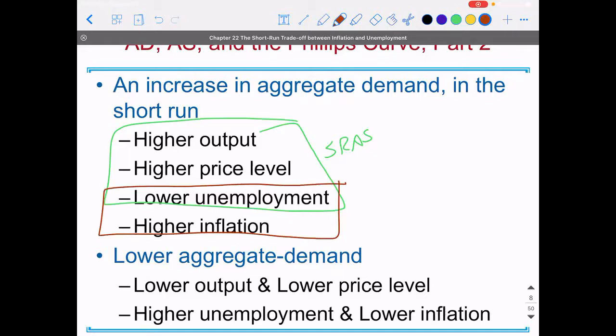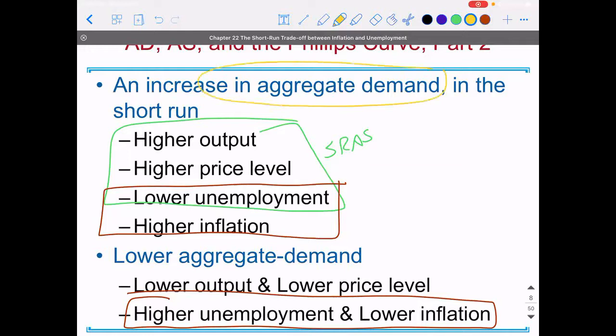When you decrease the aggregate demand curve, you get the opposite. So now you've got to make that choice. Are the policymakers going to increase aggregate demand or lower aggregate demand? That's going to determine whether they choose option 1 or option 2.